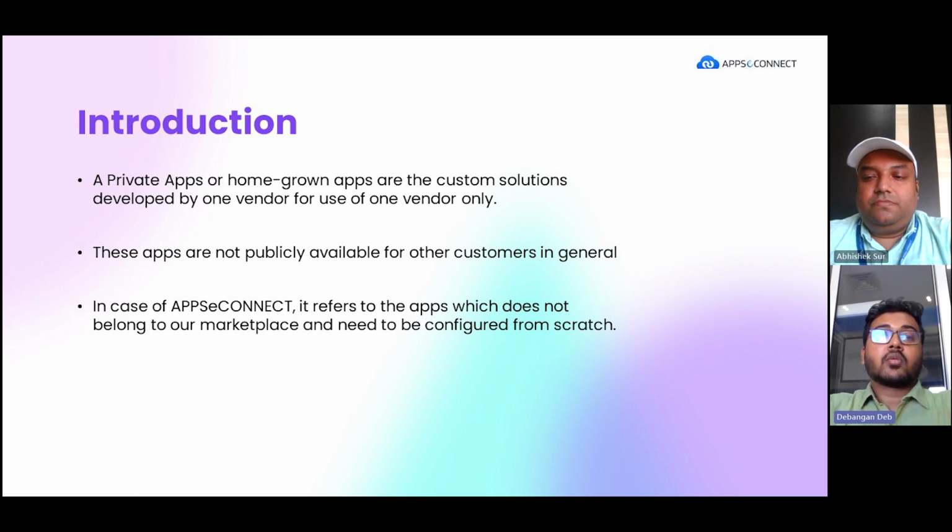These private apps are generally homegrown apps which are developed by you or your developer vendor and are solely accessible to you. Any third-party users will not have any access to these private apps.